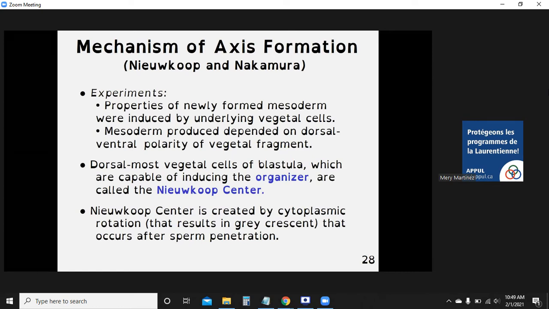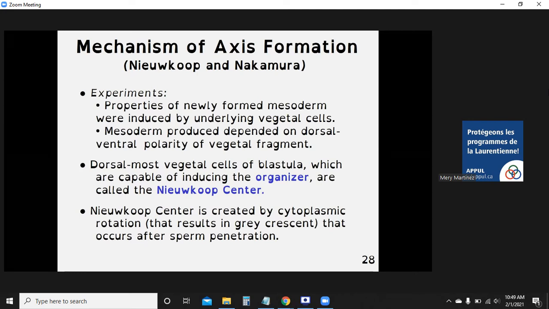Okay. Now, the experiments that Spemann and Mangold did show that the cells of the dorsal lip of the blastopore and the notochord that form that dorsal lip constitute that organizer that could instruct the formation of the embryonic axis.